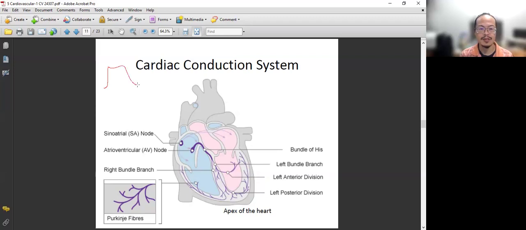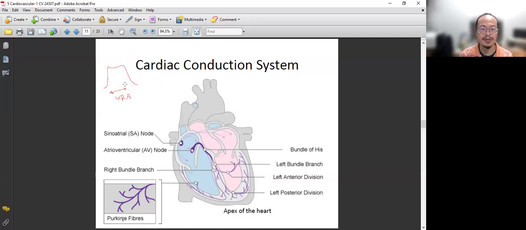And then after that, during this time, you have both left and right atrium contraction. And then you have a signal from the AV node to the left and right ventricle.